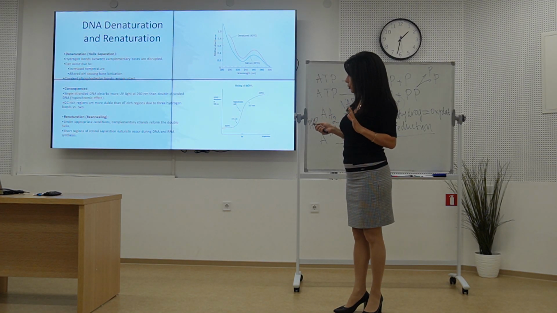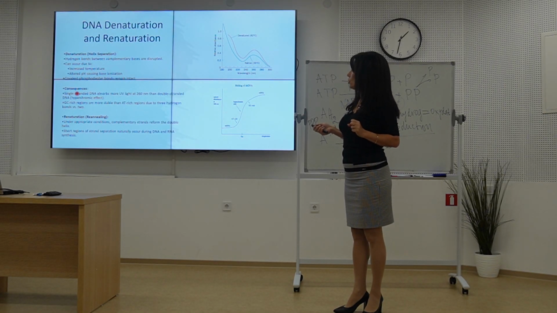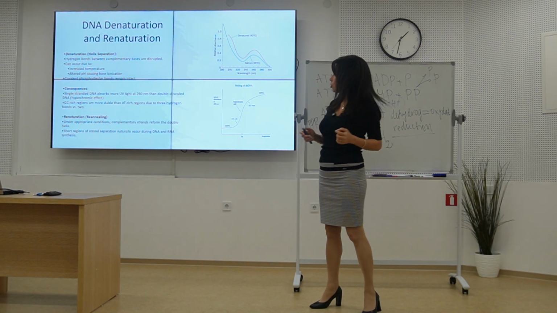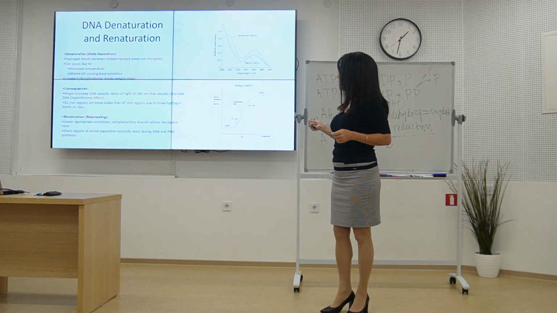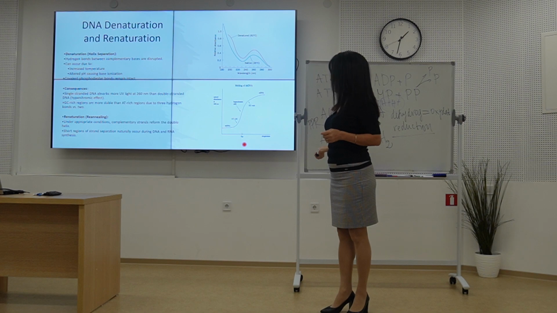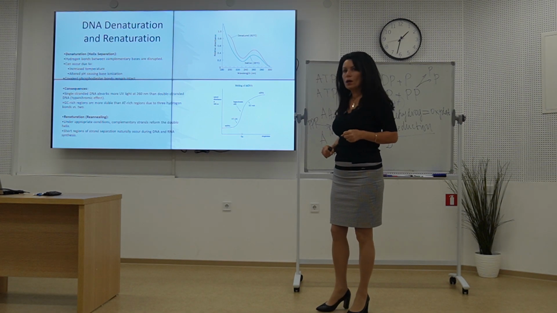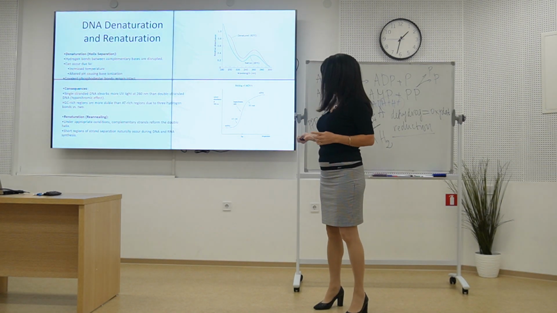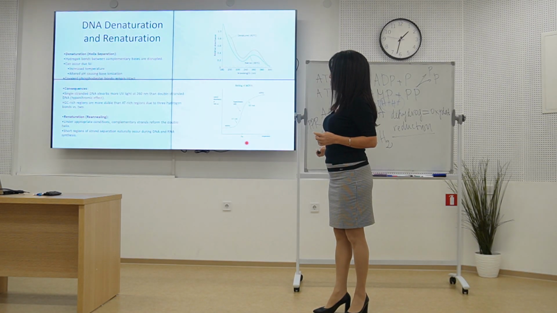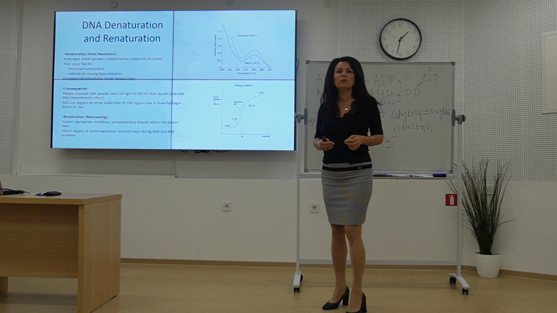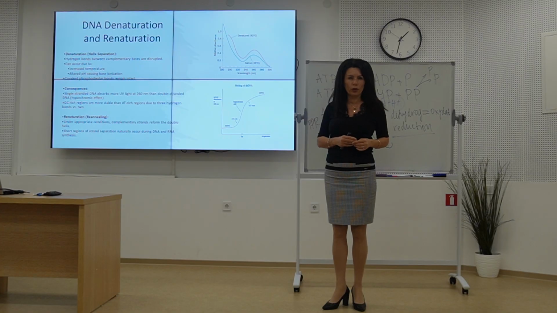There are two terms you need to know about denaturation. The first one is the so-called hyperchromic effect. What is this hyperchromic effect? And the second: melting temperature. Melting temperature is the temperature at which there is 50% denaturation of a DNA molecule.